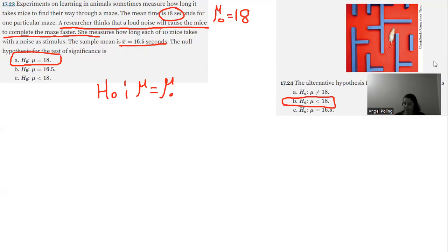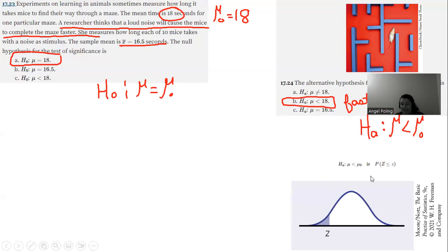So if you are faster, you are taking less time to complete something. So this one represents our mice being faster. So mu less than mu naught. So our less than, which we don't get a lot of examples of, we at least have one here.